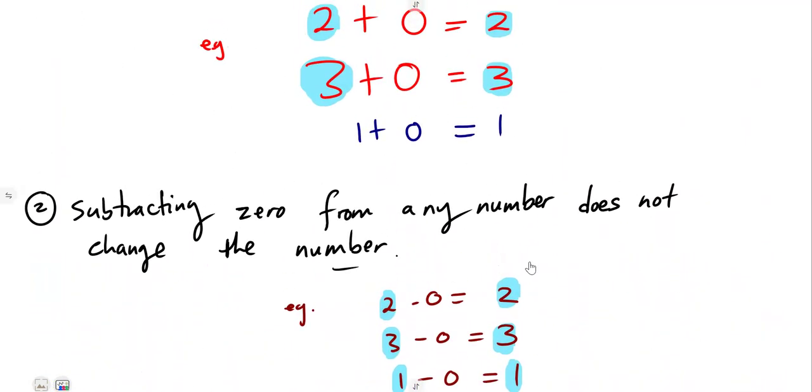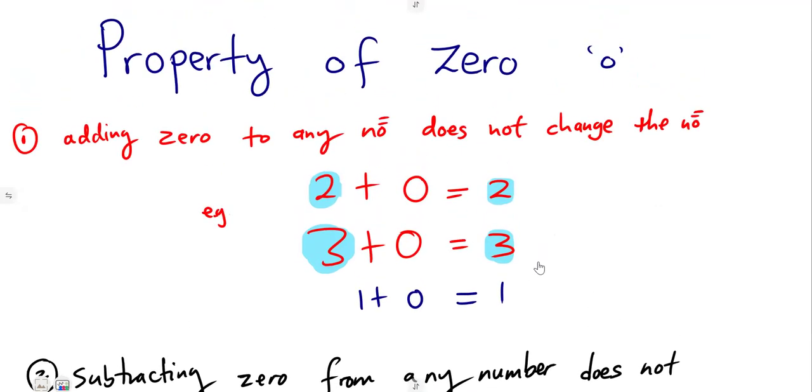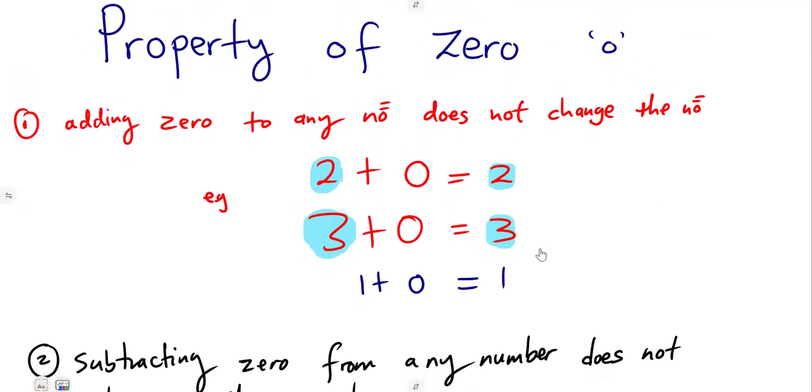Later on, you will see the importance of knowing these properties. It will help you even when you are simplifying where a calculator is not needed. You know, 3 plus 0 is a 3. Some of these properties are very, very important for you to understand. So please do revise.